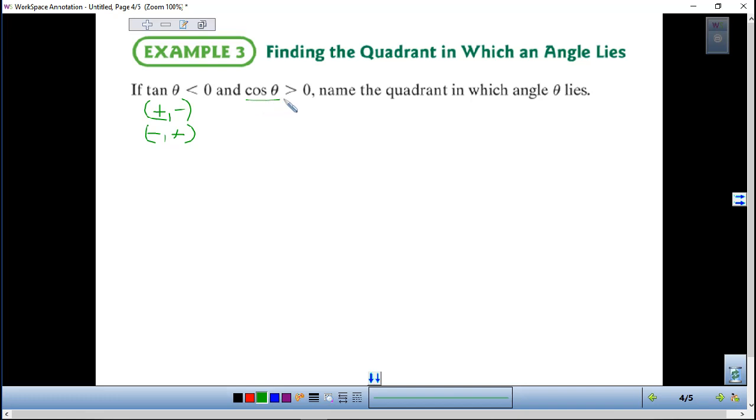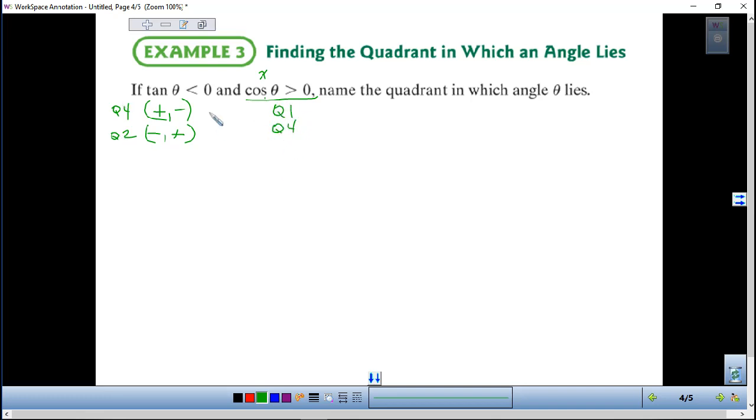Now, if cosine is less than 0, what does cosine go along with? Well, cosine is x. So if the x is less than 0, where is the x going to be less than 0? This is quadrant 3. This is quadrant 2. And where cosine is greater than 0 is going to be where the x is positive, so that's going to be quadrant 1 and quadrant 4.